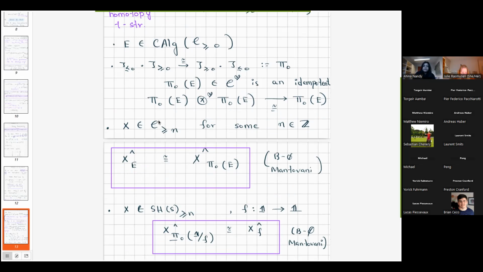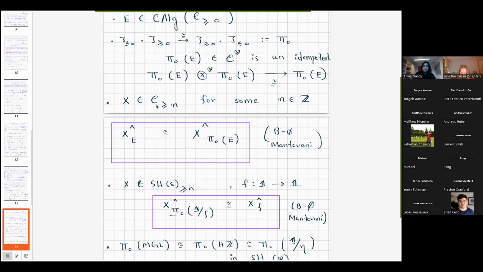Under certain good enough conditions, if you start with some bounded below X, it turns out that completing with respect to E is the same as completing with respect to this zero truncation of E. This was done for the stable A1 homotopy category by Lorenzo Mantovani in his thesis, and later generalized by Mantovani and also Bachmann-Østvær. You require some adjectives, but this is what we are going to use.